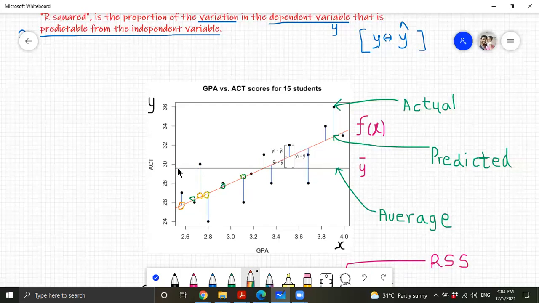Now let me explain the black line. This black line is the average of the actual data points. After we plot the data points, we sum the y values. Let us take 27, 30, 24, 26, and so on.